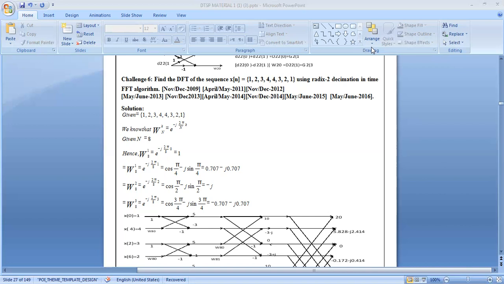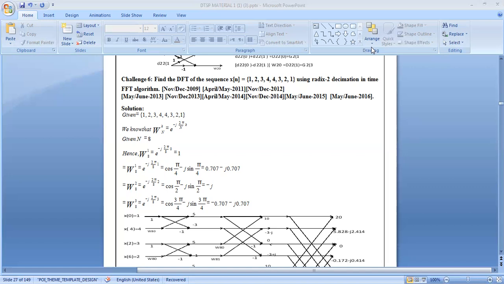Okay. So k will be lying from 0, 1, 2 and 3. So we'll be having W8 power 0. We replace e power minus j 2 pi by 8 into 0. So what we get for 0 will be 1.